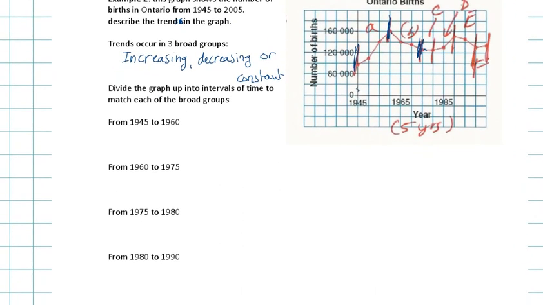So from 1945 to 1960, we're going to say that the number of births rapidly increased to a maximum of 160,000.